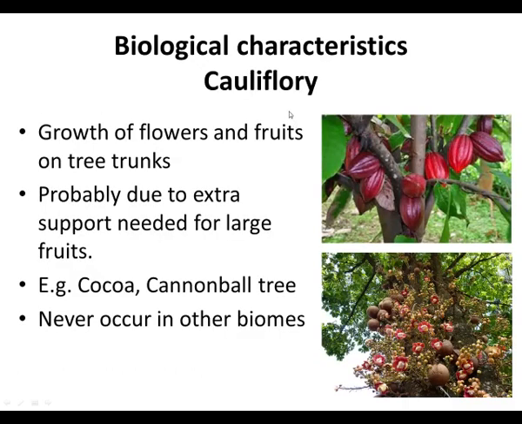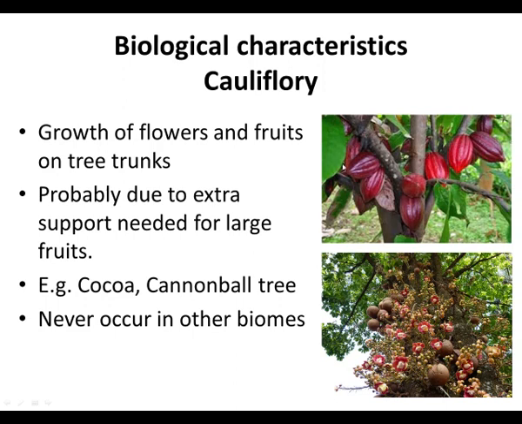Another really cool thing in the neotropics is cauliflory. Basically, that's the growth of flowers and fruits on tree trunks. Have you ever seen such a thing in the temperate zone? I have some examples here. This is the cocoa tree, and I'm pretty sure that we are going to be seeing this.